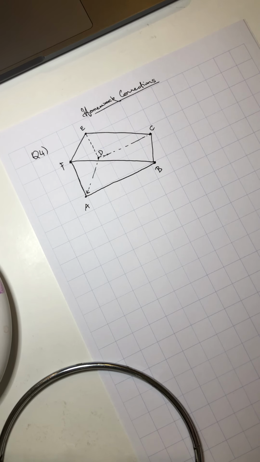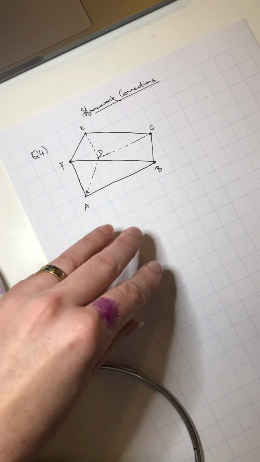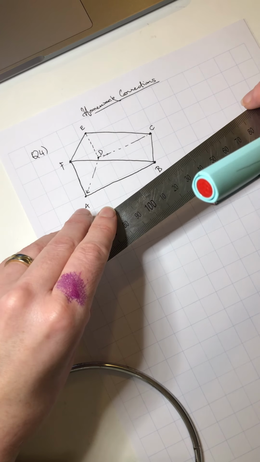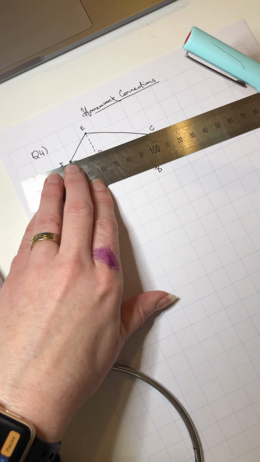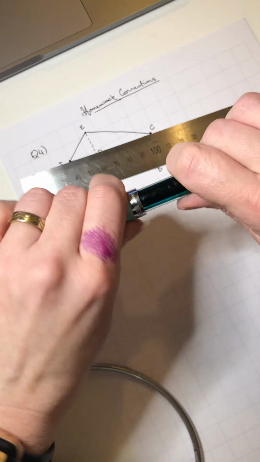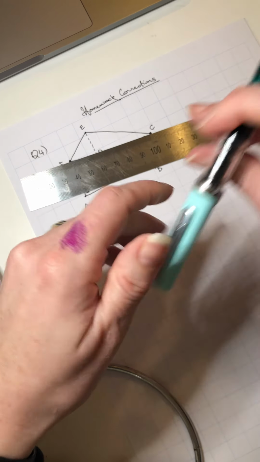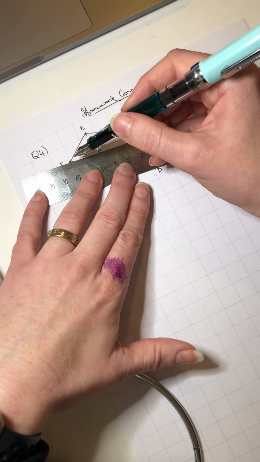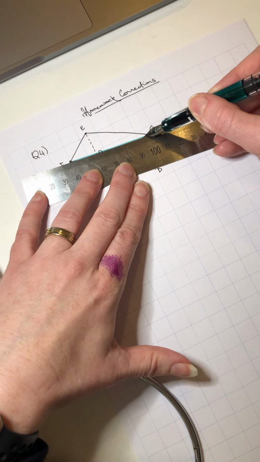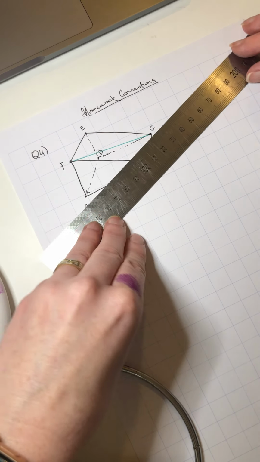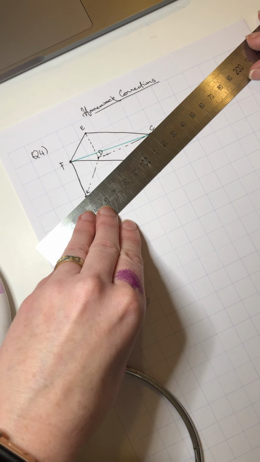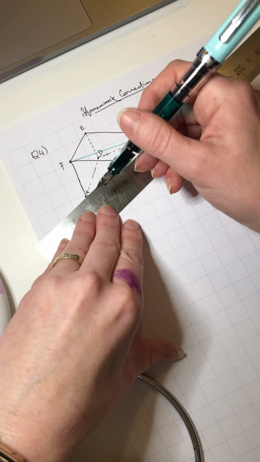They've also sketched a triangle where we've joined F to C. So I'm going to do this in another colour. Do you know, I do recommend drawing out the diagram again, even if they've given it to you, because it can help you visualise it. And this triangle is coming back here like this as well.